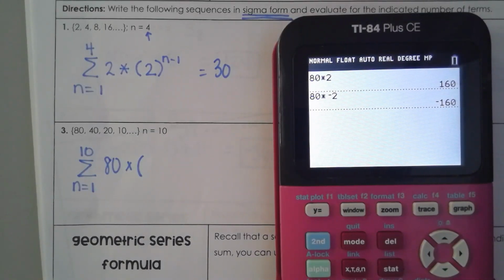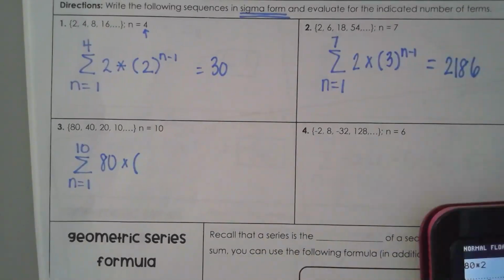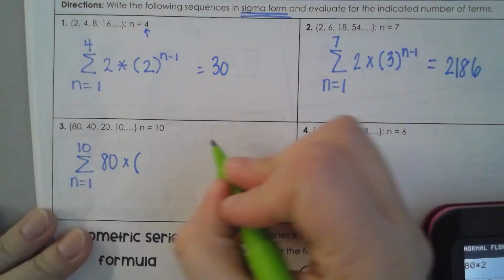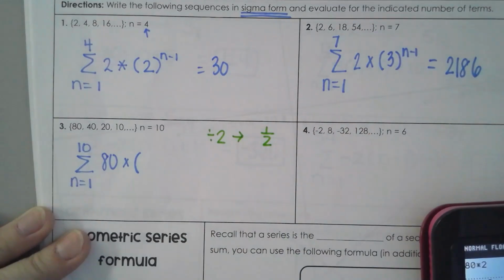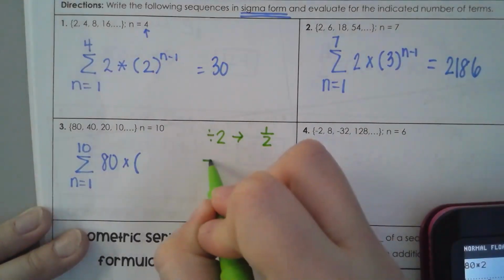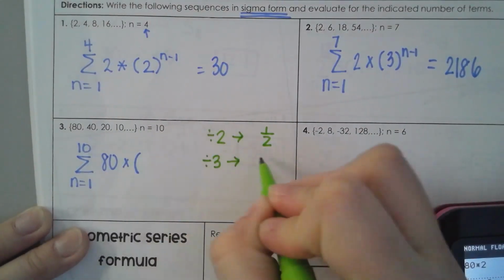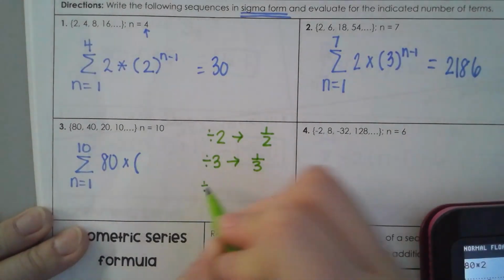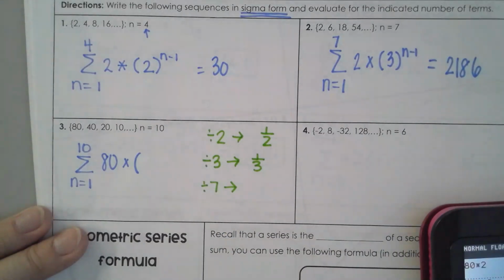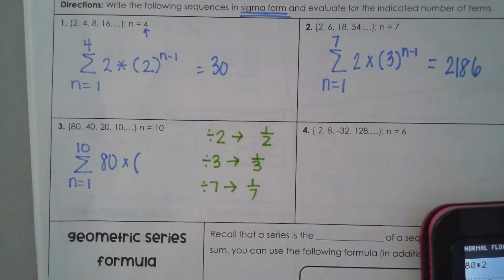So how do you write it if you're dividing by 2? 0.5 or 1/2. So if you are dividing by 2, your ratio is 1/2. If you divide by 3, your ratio is 1/3. If you divide by 7, your ratio would be 1/7. Yeah. Now, a decimal is okay sometimes.